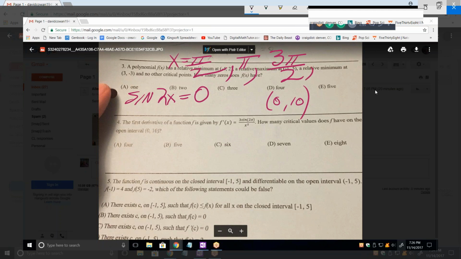And 2 pi, it's less than 10. And 5 pi over 2, right? Yeah, 5 pi over 2, is that less than 10? Yep. 5 times 3 is 15 divided by 2. And 3 pi, that's less than 10.